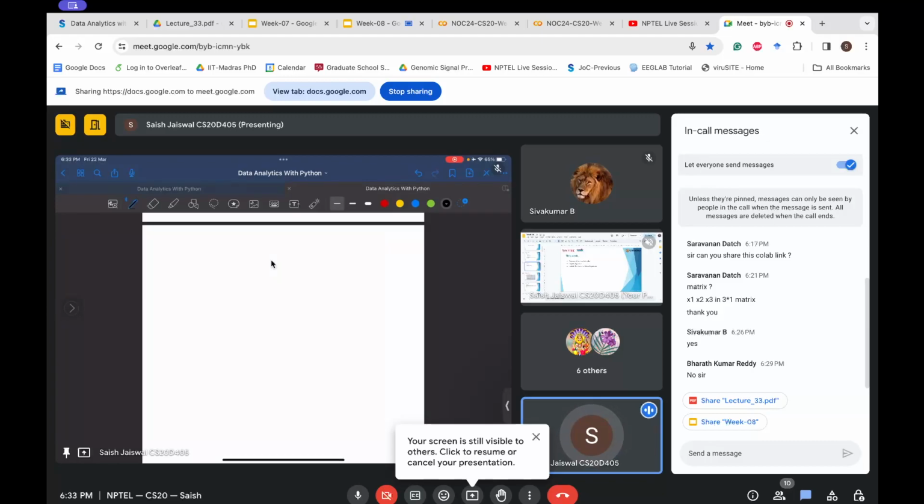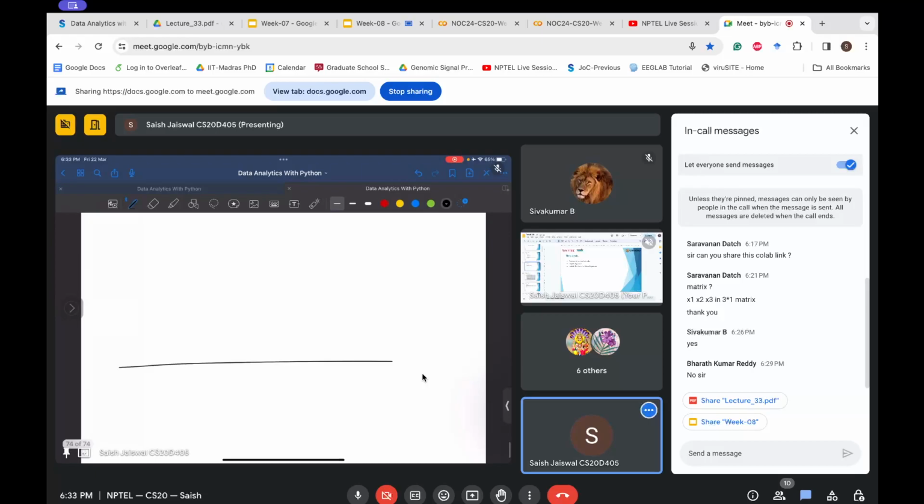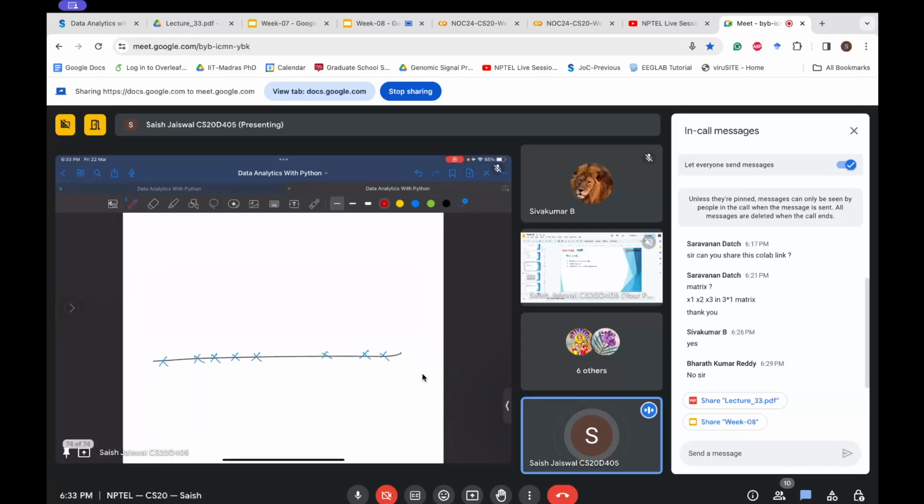Okay, so does anyone have any idea what maximum likelihood estimate does? Anyone? Okay, let us see. Let us say you have a few data points over here. And I try to fit a normal distribution.